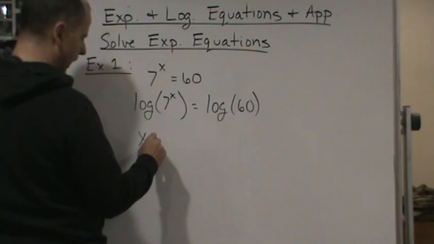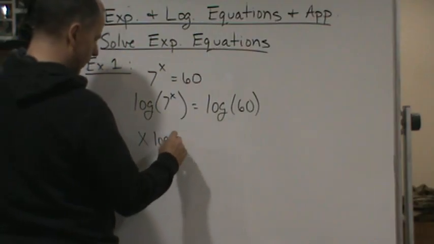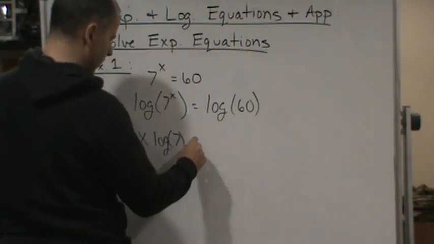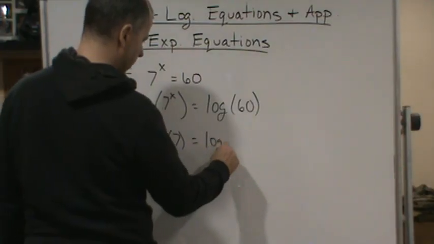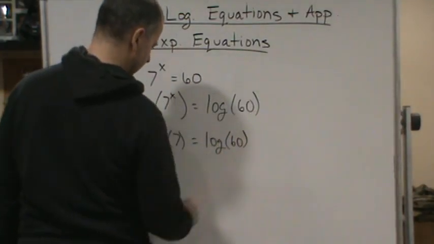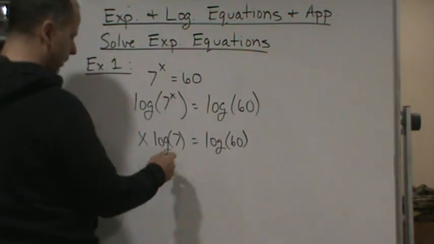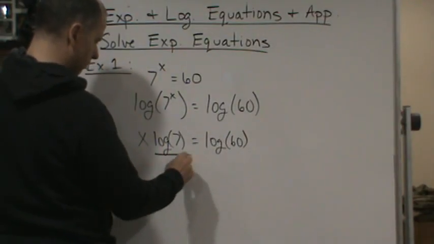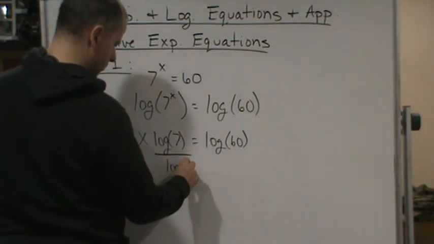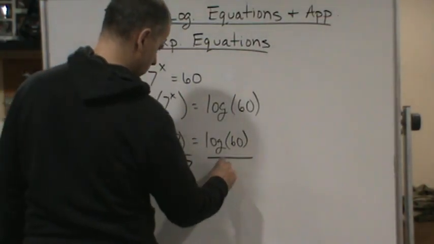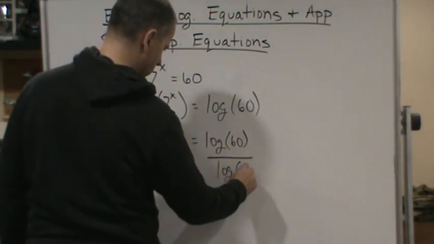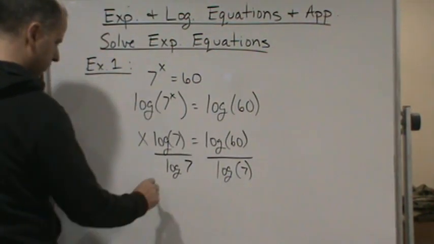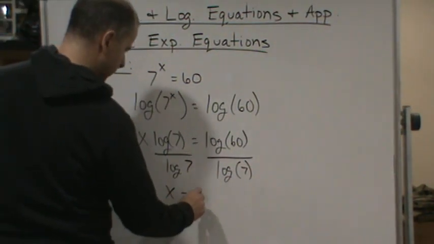So x times the log of 7 equals the log of 60. And now we're going to divide both sides by the log of 7. And so we get x equals this.